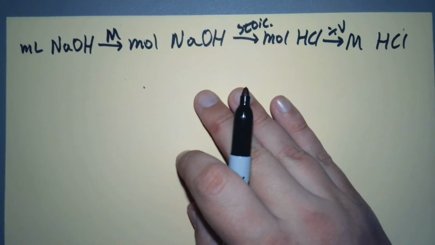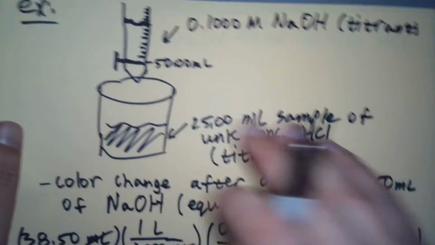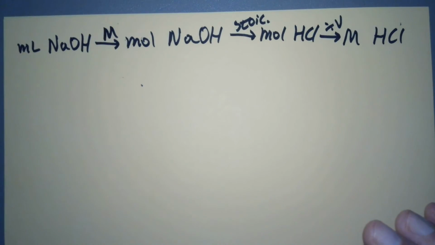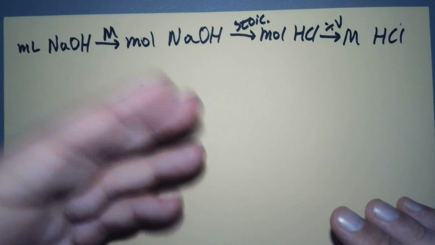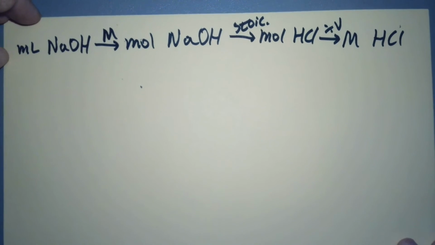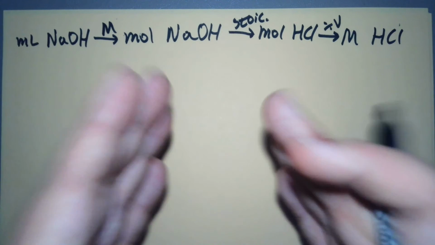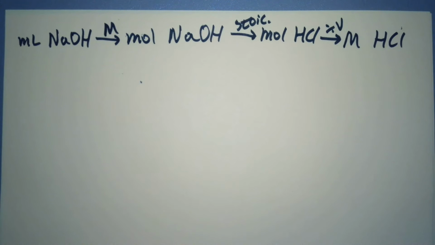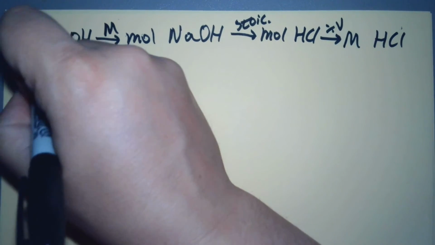Another detail I'll point out: you don't generally just do one trial and say, okay, I know what it is. In lab you're going to do 3 or 4, and professionals are going to do like 100. You really want to make sure you know what something is. You don't mess around. So what we just did is known as a standardization.